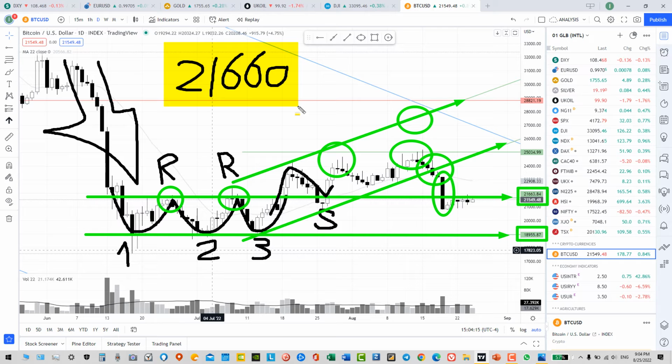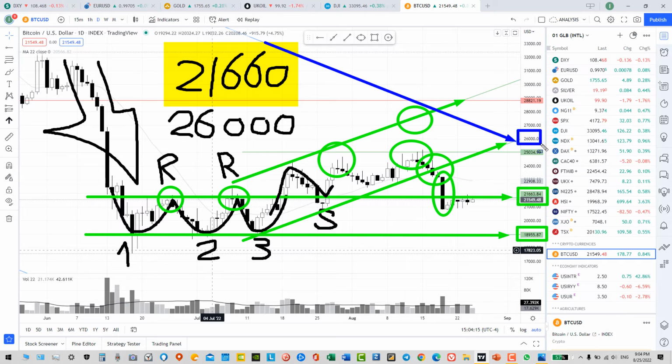Okay, over the medium term, Bitcoin is also in a negative picture as long as it is below 26,000. It is the place where we could see the downtrend line from the weekly chart is running here around 26,000.